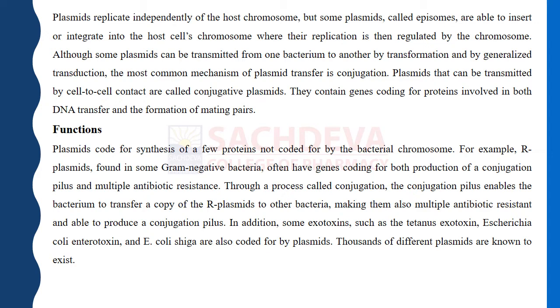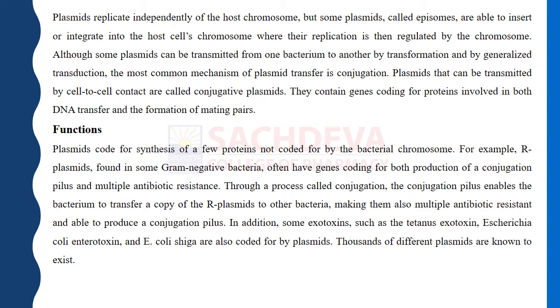Talking about the function, plasmids code for synthesis of a few proteins not coded by the bacterial chromosome. For example, R plasmids found in some gram-negative bacteria often have genes coding for both production of a conjugation pilus and multiple antibiotic resistance.